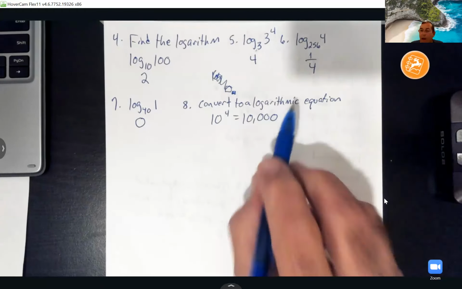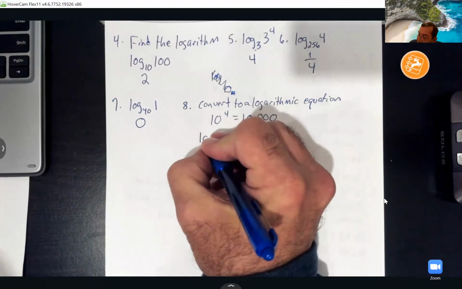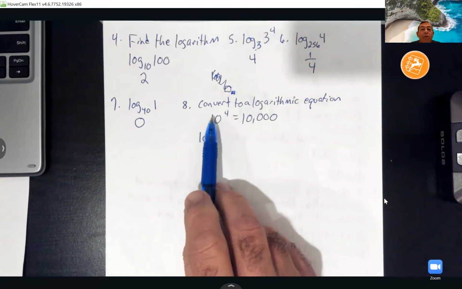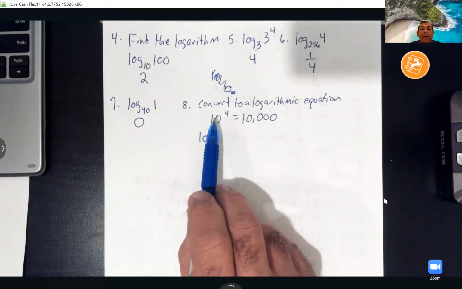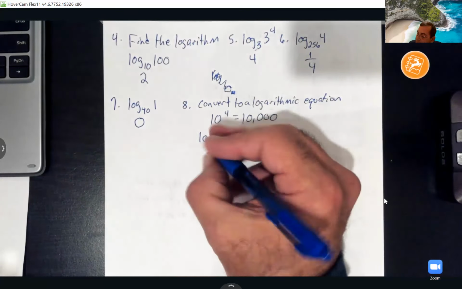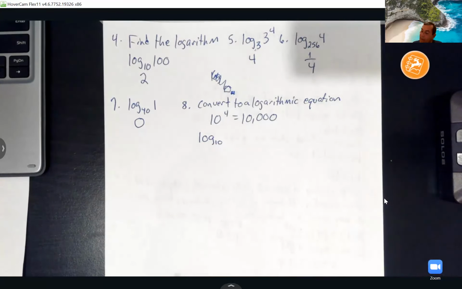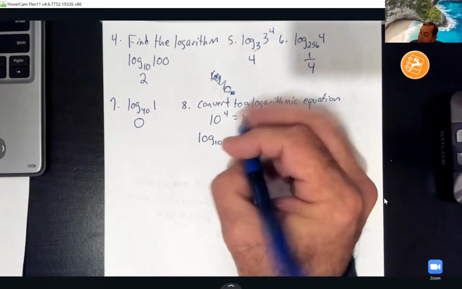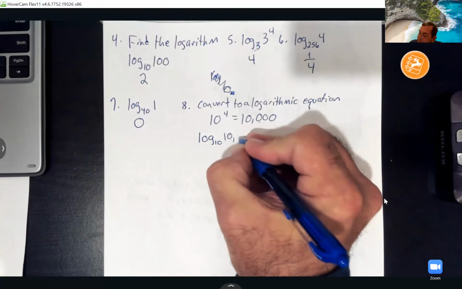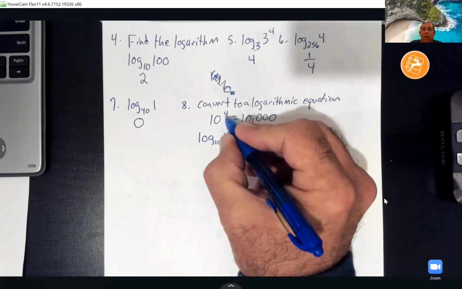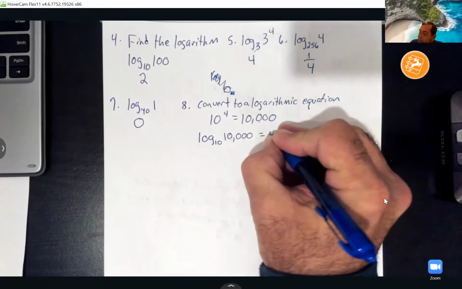So to write it as a logarithmic, I got to write my log down. The base of the log will be the same as the base of the exponential. So since the base is a 10, the base of your log would be a 10. The result is 10,000. And that's going to equal the exponent, which is a 4.